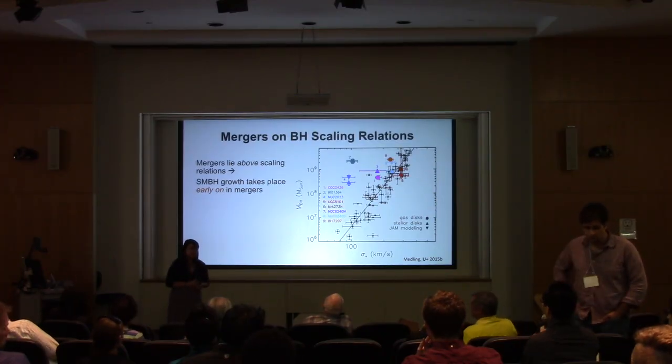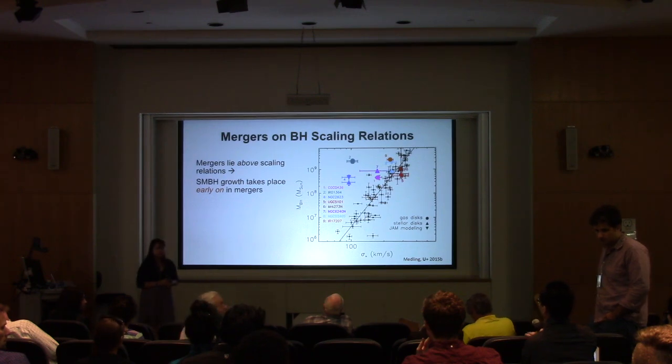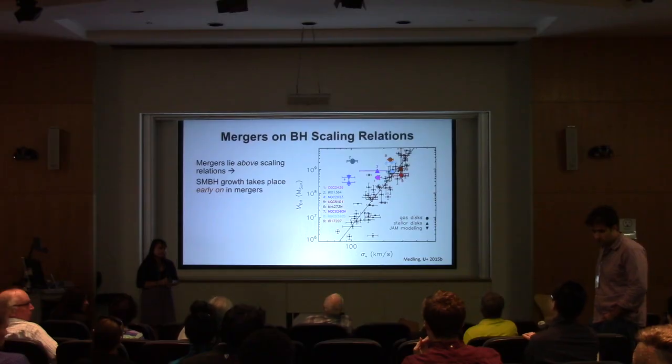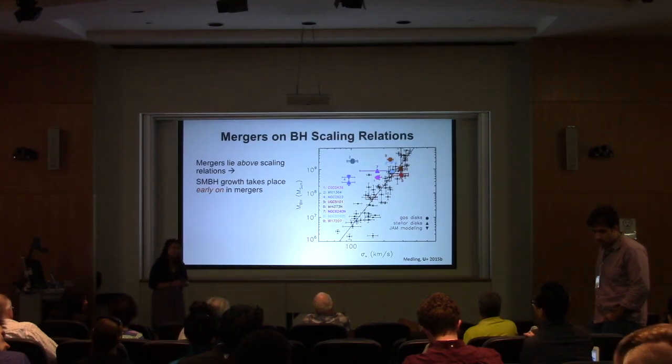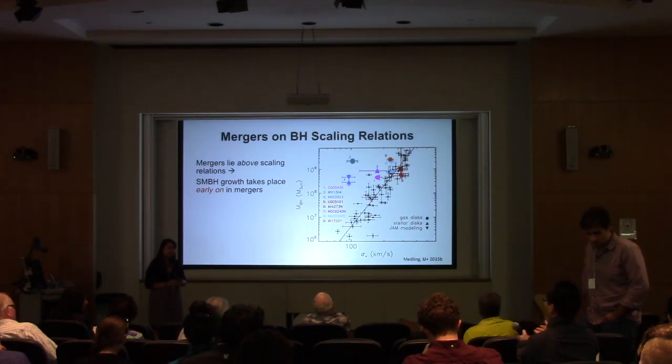The last thing you can do is consider the duty cycle. For example, the MRK 273 accretion rate is like 2 solar masses per year, but the black hole mass measured is 10 to the 9. So the growth time scale is the Hubble time. So what do you think, is it can grow effectively?